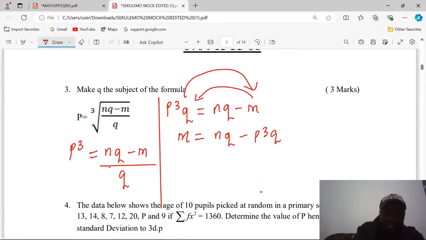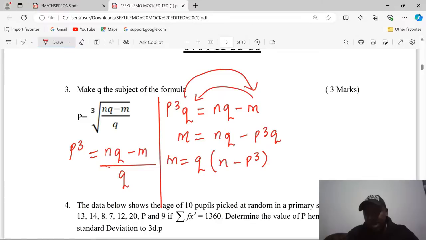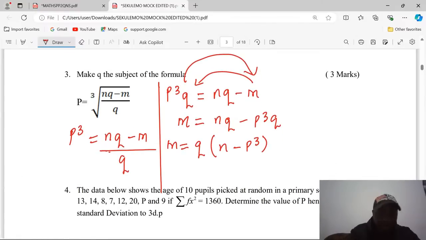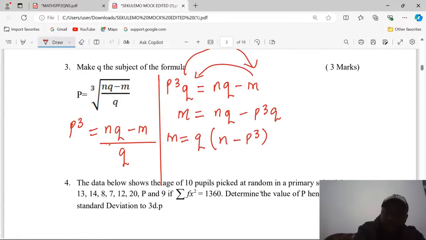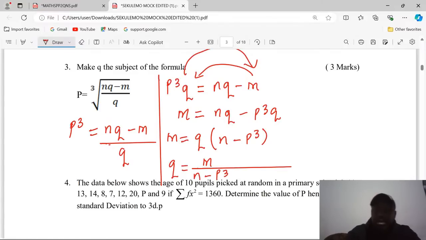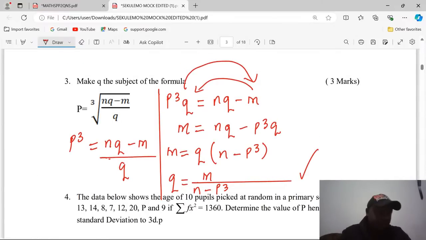Now with this, we can say M equals Q. We factor out Q, then we remain with N minus P power 3, like that, when we factor out Q. So to remain with Q alone, we divide through by the coefficient of Q, which is N minus P power 3. So this is now the right formula, with Q being the subject.